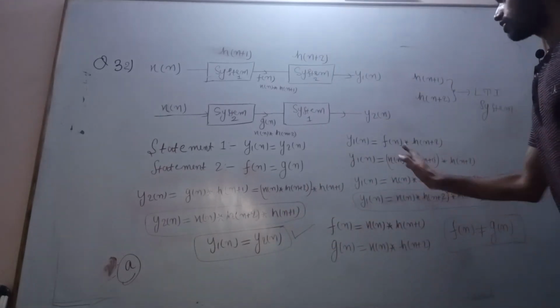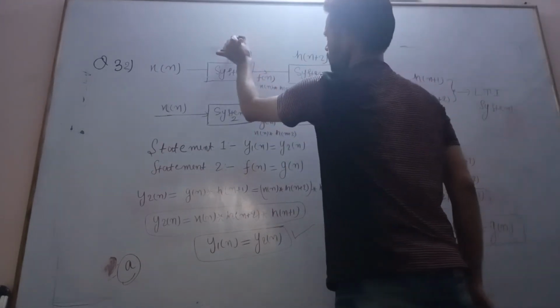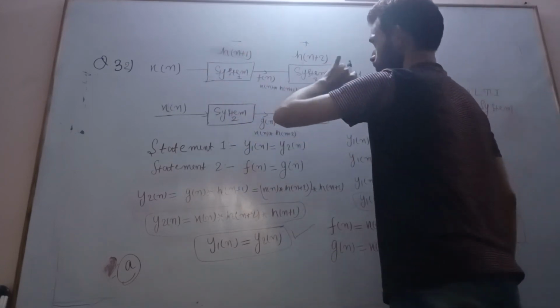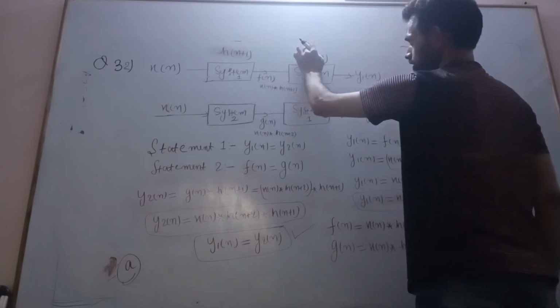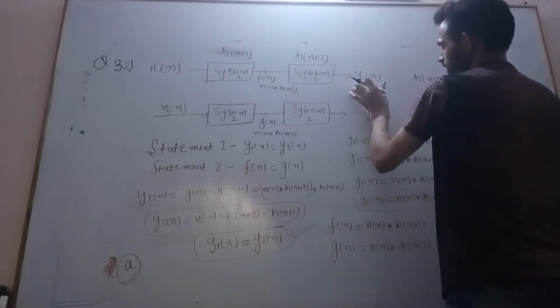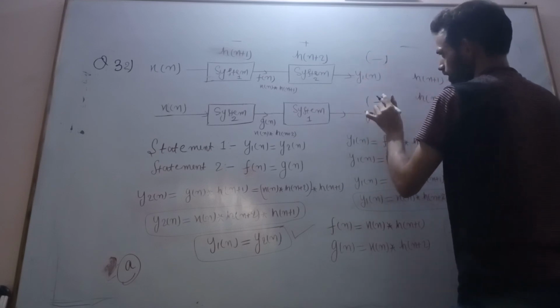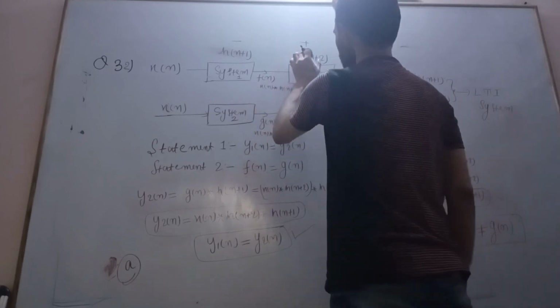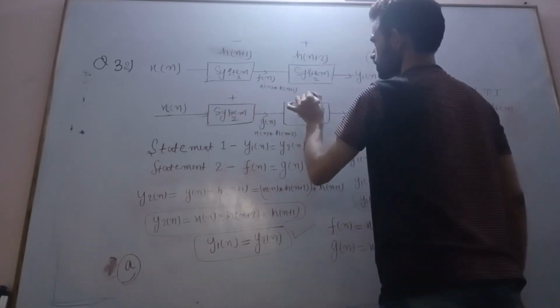Okay, it is not always correct because, let us say, for simplicity, this is negative and this is positive. So my output will always come negative. Yes, but here system 2 is positive and system 1 is negative.